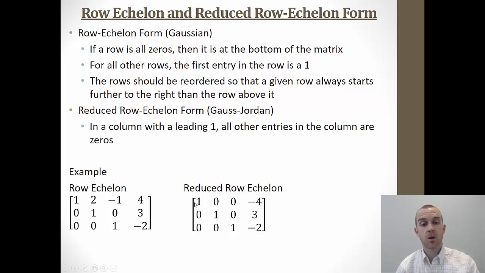In contrast, the row reduced or the Gauss-Jordan elimination will take it and make the identity matrix on the left-hand side of the augmented matrix, which then shows what each solution is for each of your variables. So it's another way of simplifying it all the way down without having to do that back substitution. Both methods work perfectly fine. It's just a matter of how far you want to go with your simplification of the matrix.